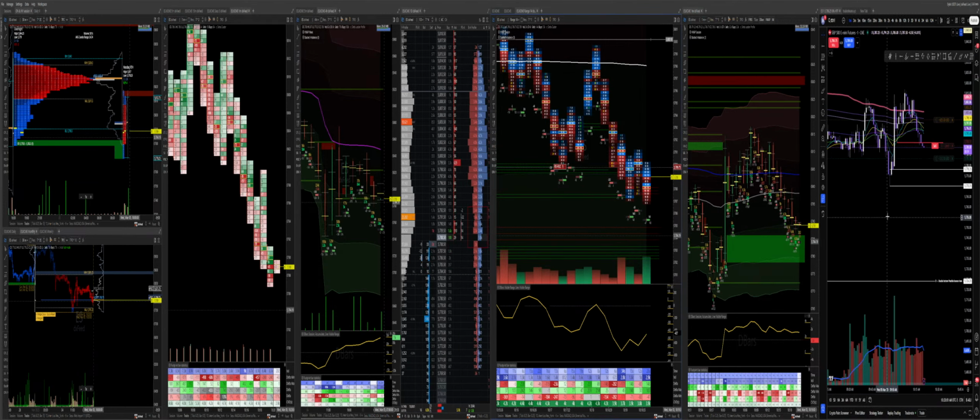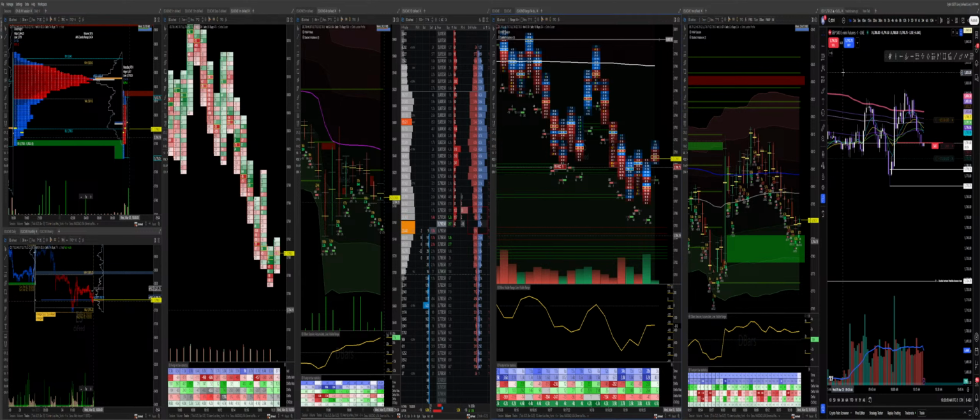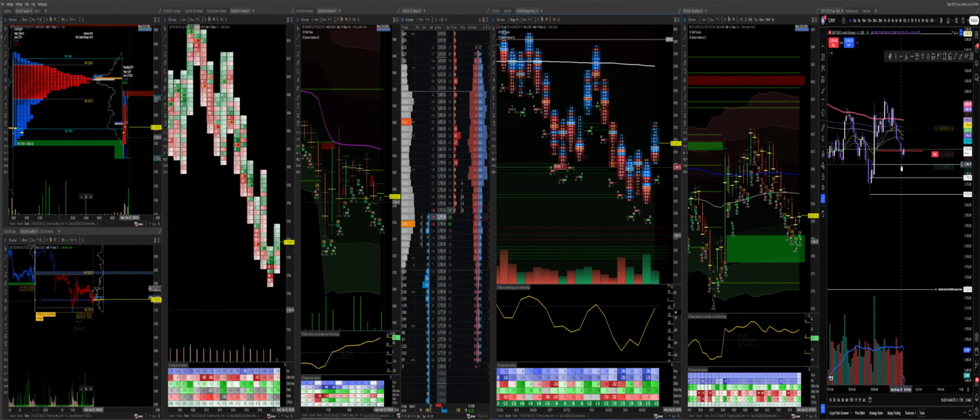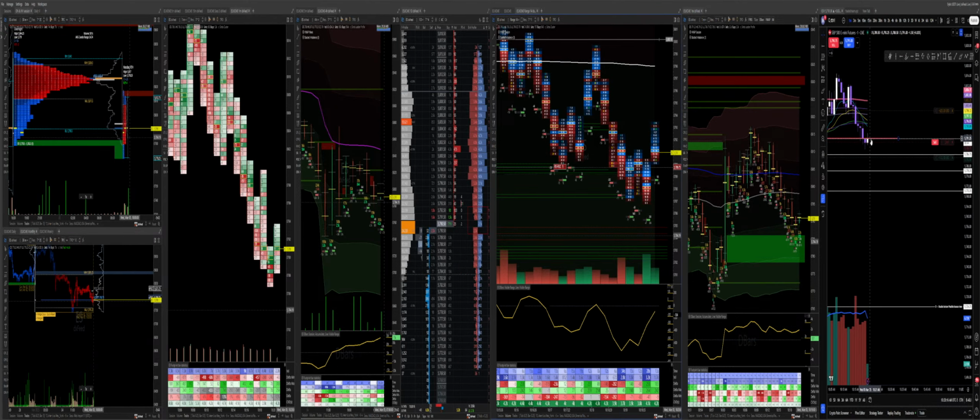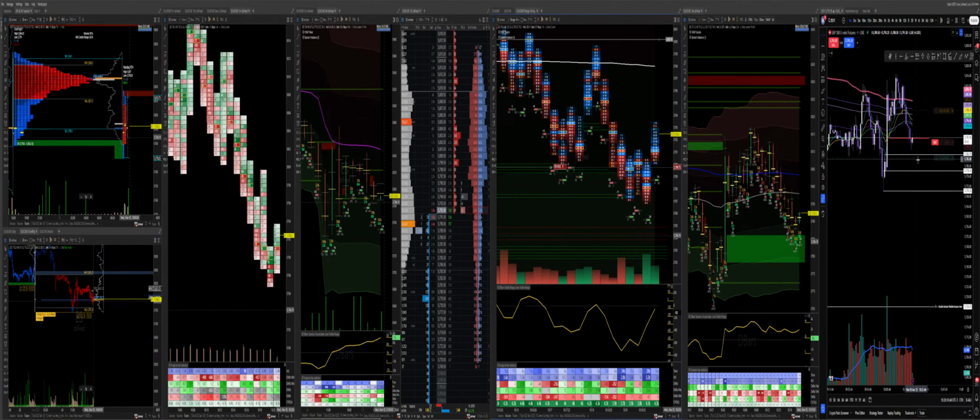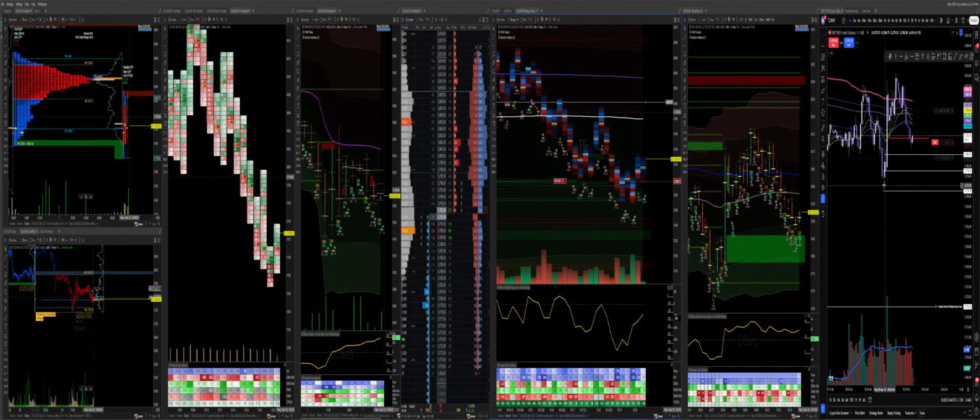This doji candle right here. Let's see if they even tap this too. Because this is kind of before the break, 784, because that's where they put in all of their orders. So this area here, the 784 to the 70.